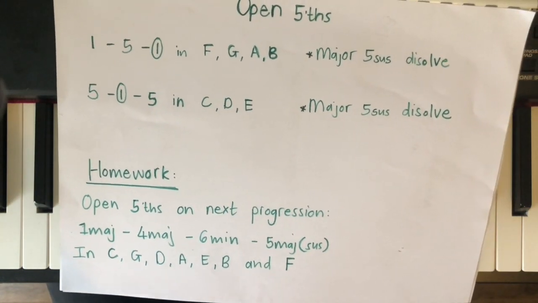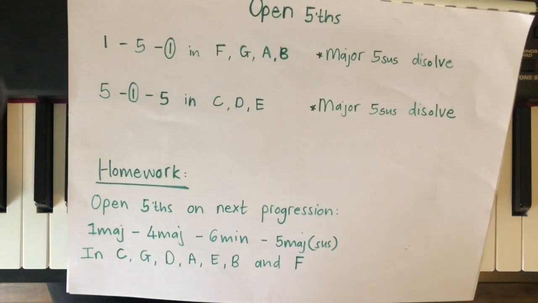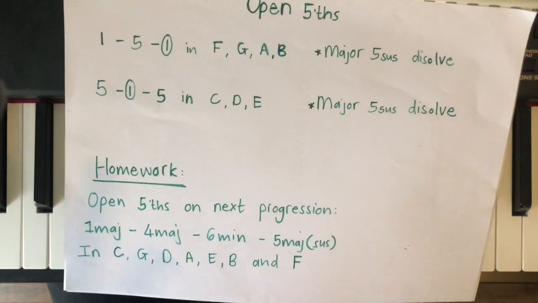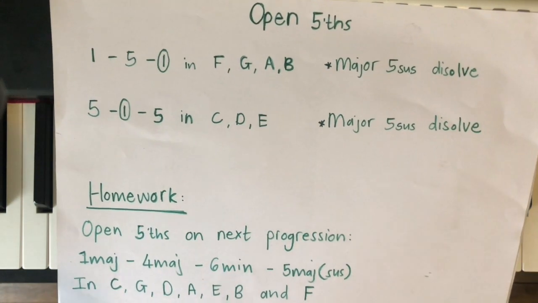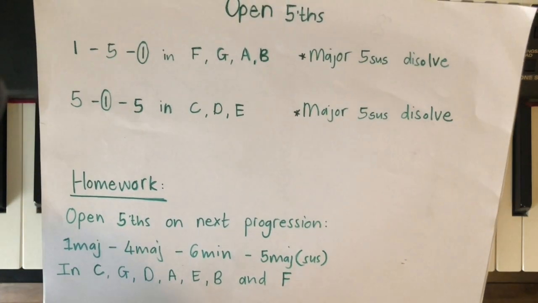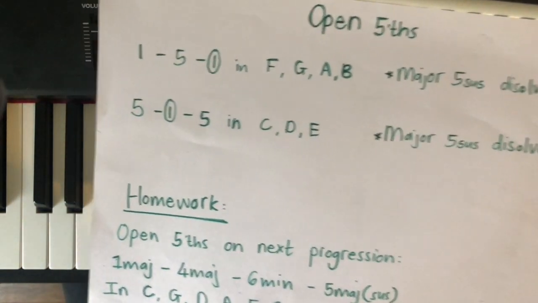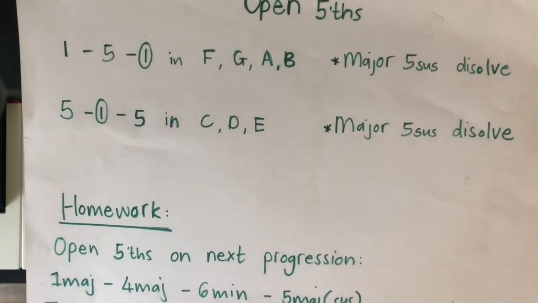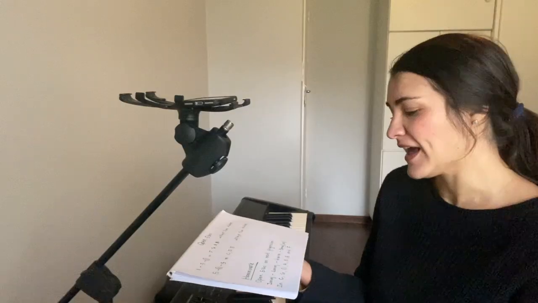You're going to play that in the key of C, G, D, A, E, B, and F. So you're going to rehearse that open 5th on a 1, 4, 6, 5 Nashville number system chord progression. Okay, that's your homework.